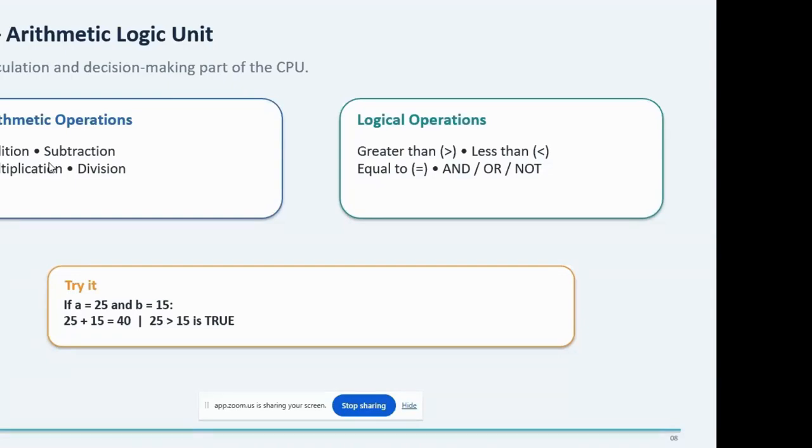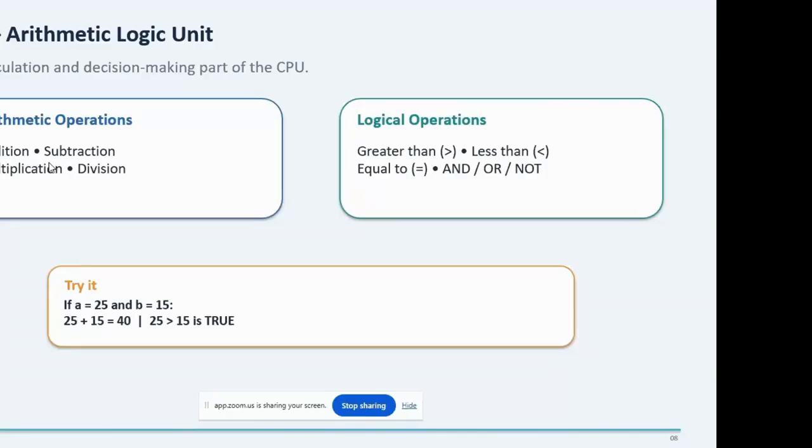In and, the computer will check whether both the conditions are true or false. Or means if any one condition is true, the computer will take it as true. If the condition is false, then the computer will consider it as false. The same way with and or even not.